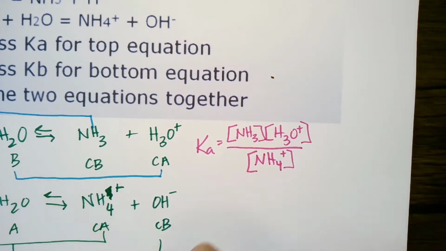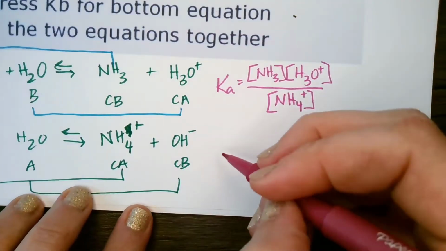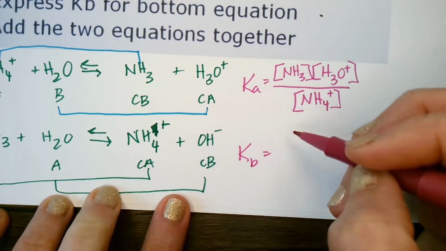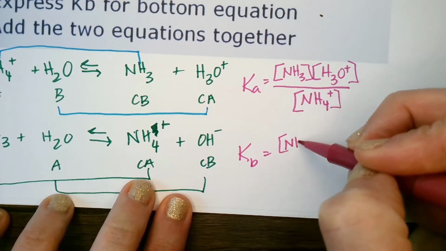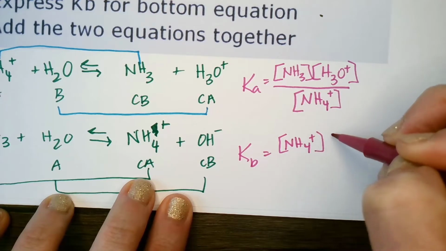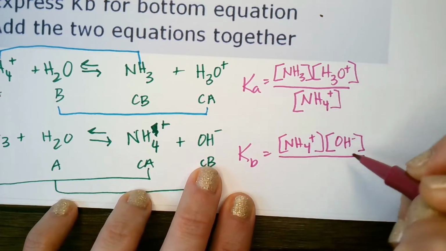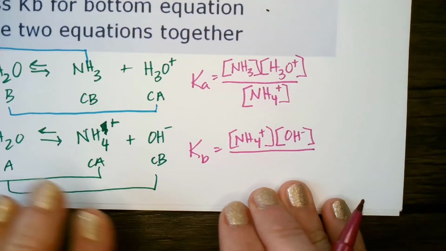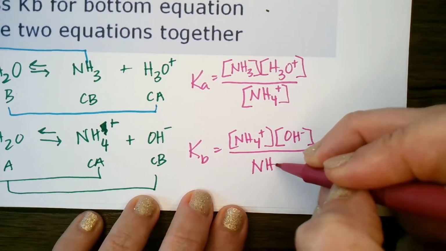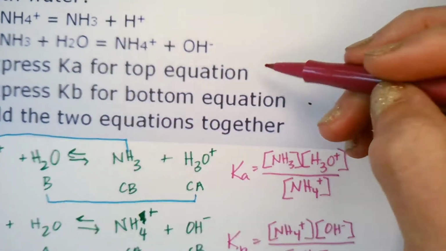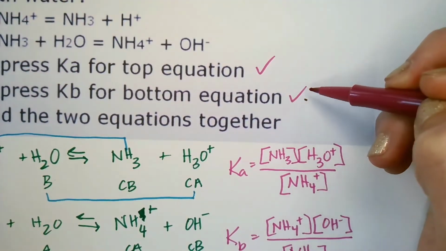That's my Ka. Let's look at my Kb. Again, products, so NH4 plus times OH minus, products over reactants, my NH3. Okay, so we've got the Ka for the top, the Kb for the bottom.